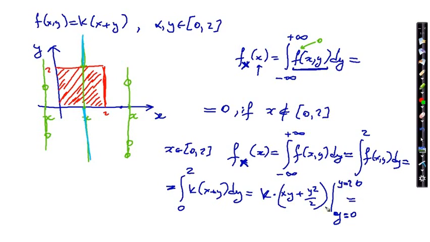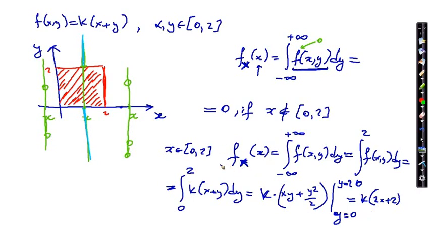I'm plugging first the value 2, I will have k times (2x plus 2) here, minus the value when y is 0, but if I plug y is 0, I will get 0, so nothing to plug here.